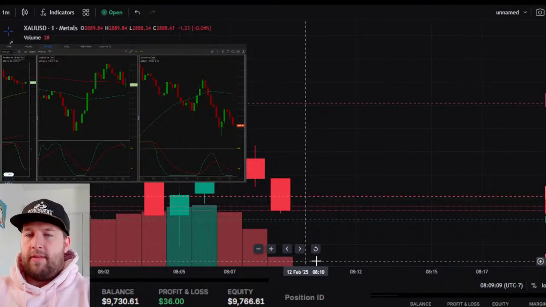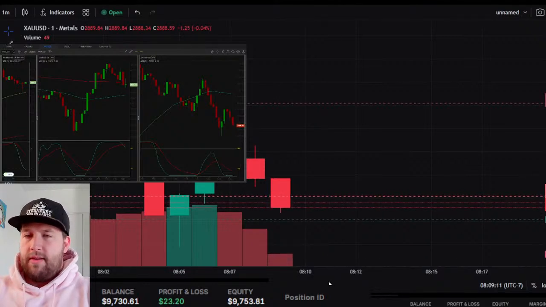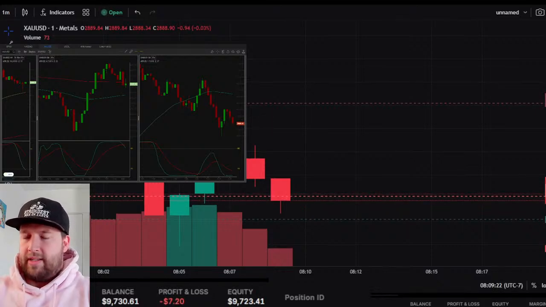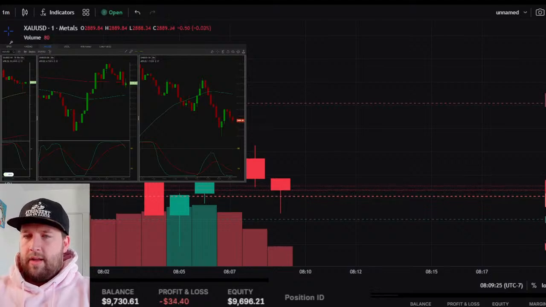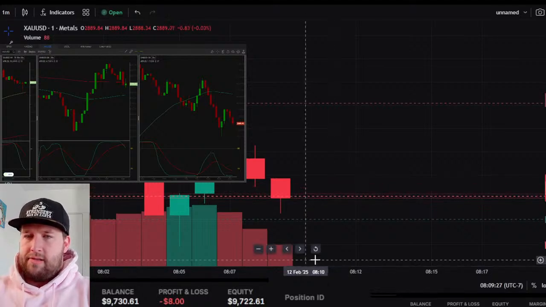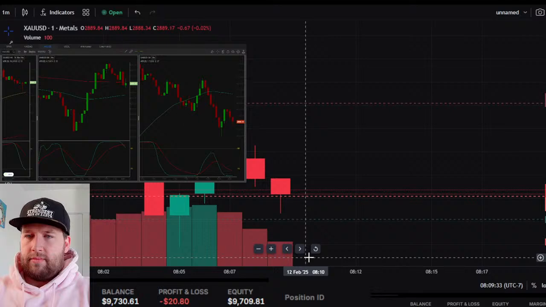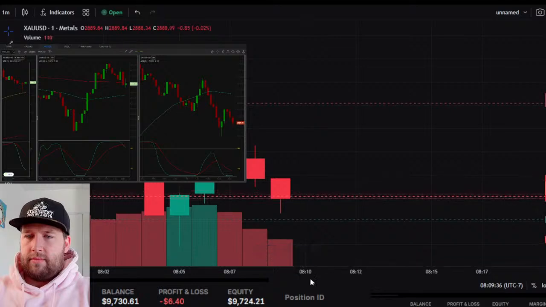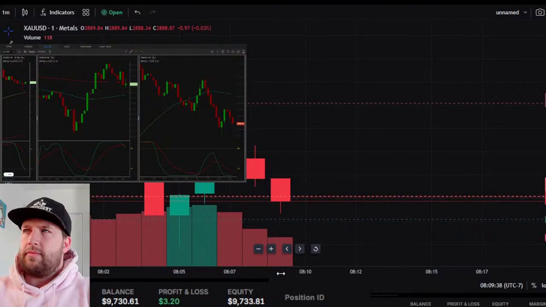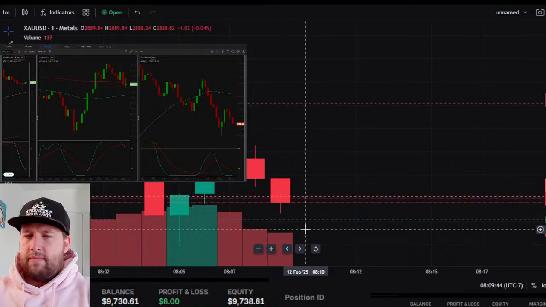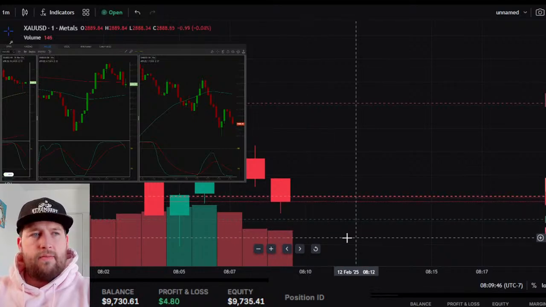Oh, almost got filled. Yeah, so there's an option where I can push a partial close position right here, kind of off to the side where you can't see. We're just looking for the price to keep going just a little further. So close.